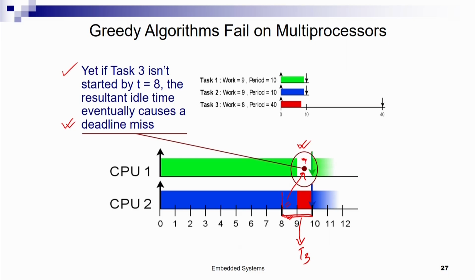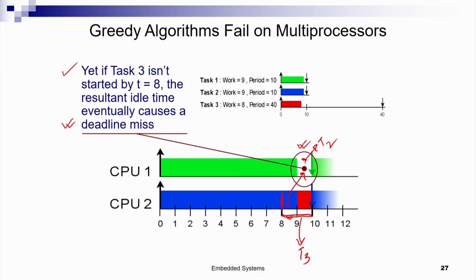But for that we need to understand that at 8 we need to allocate T3, otherwise ultimately at 40 it will miss its deadline. That has to be understood.